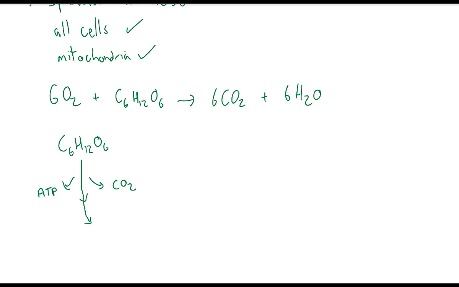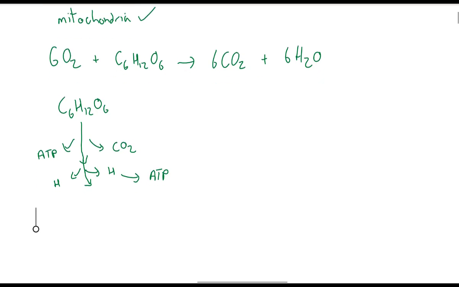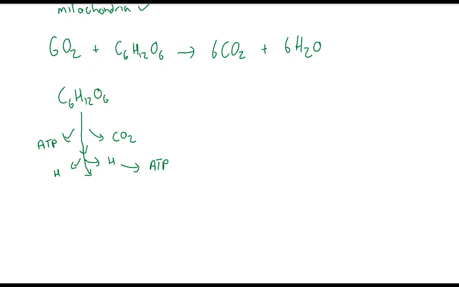As well as that, what's more likely to happen is there's going to be loads and loads of hydrogens given off, and it's those hydrogens which actually go a long way to producing a lot of the ATP that we've been talking about in the first little part. And then basically right at the very end we have little oxygens coming along, joining up to form water.